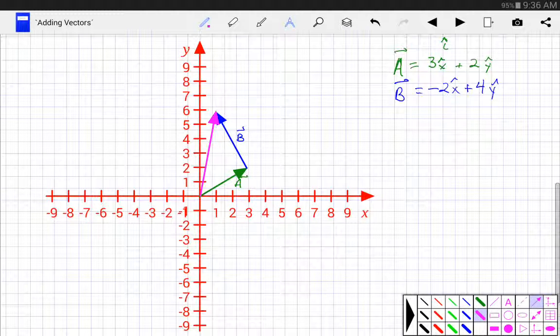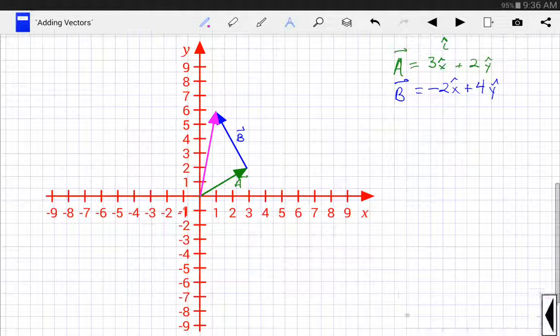Now I need to get this resultant in some kind of reasonable units. So I can look at this. How do I determine that? Well, one thing I could do is get out a ruler.